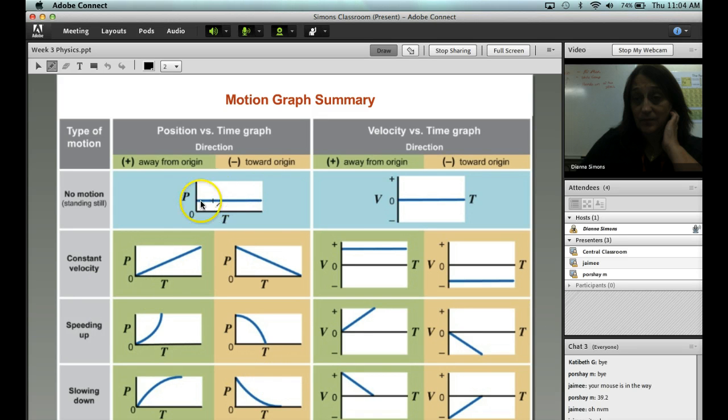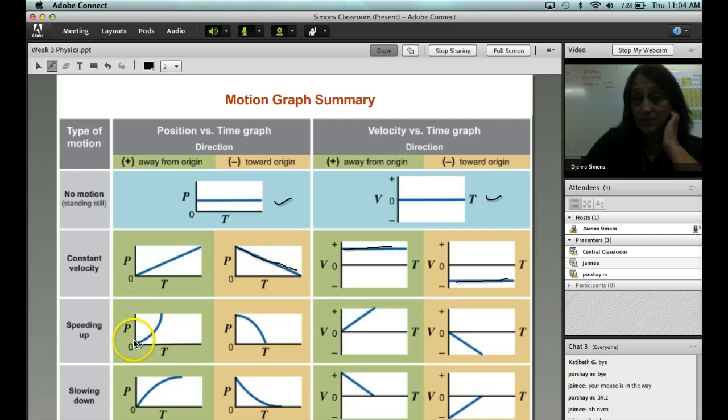These are just pictures of position versus time. If there is no motion, if you're just standing still, this is what the graph would look like. Your velocity is going to be 0. If you have a constant velocity and you're moving forward, then you have a constant straight line. If you're moving backwards, then you have a negative line.